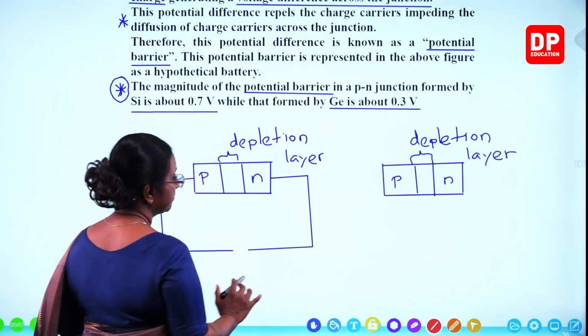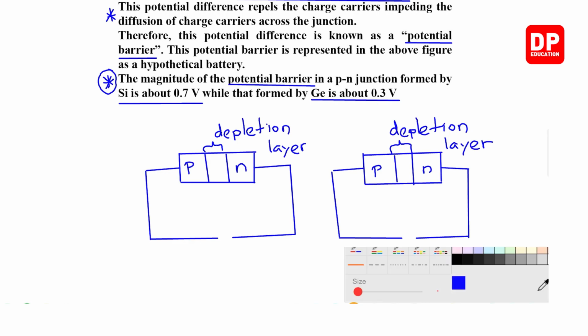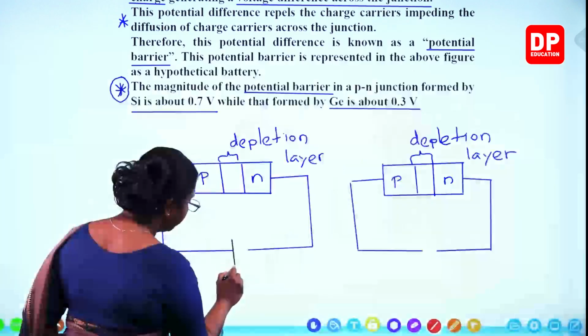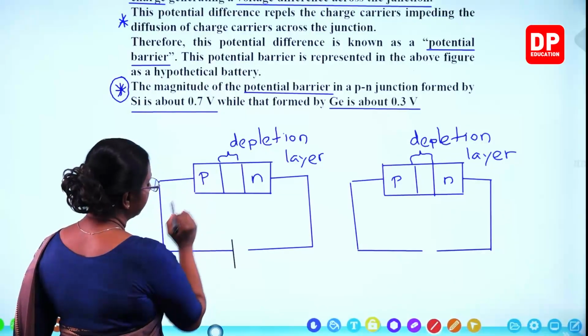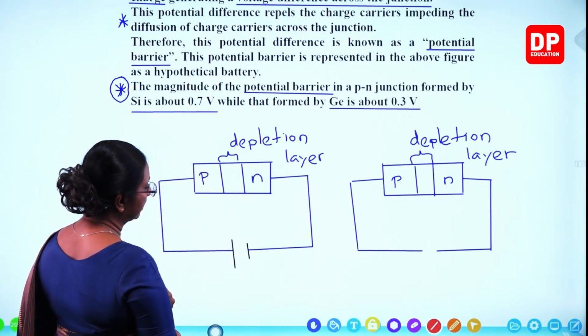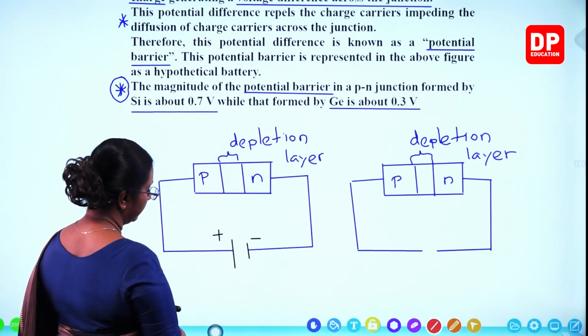Now, you can connect the batteries. I will leave space for the power source. Here you can see we can have the power source connected in two ways. Now here what I will do is I will connect the positive terminal of the battery with the P side here and the negative terminal to the N region. So this is positive, this is negative.